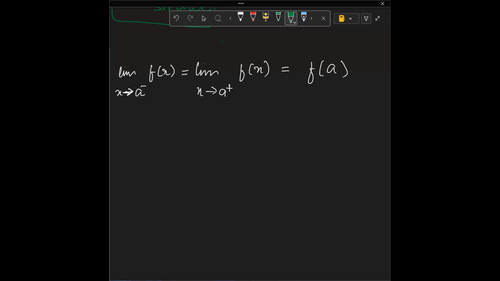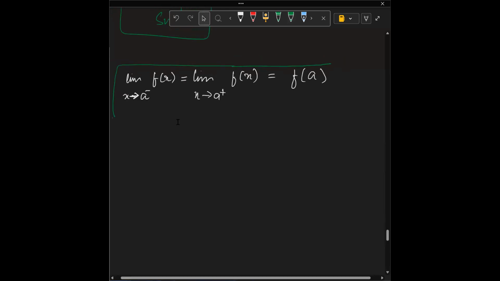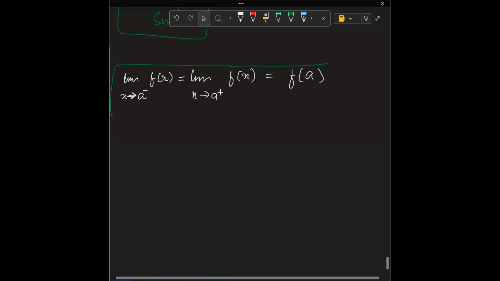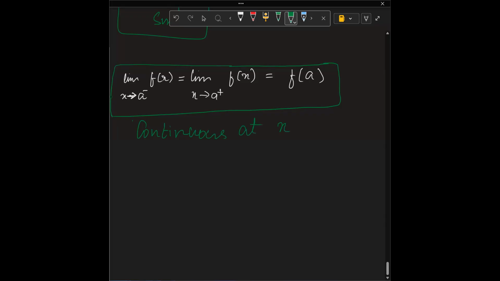If this condition is satisfied, then you will say your function is continuous at x equals a.